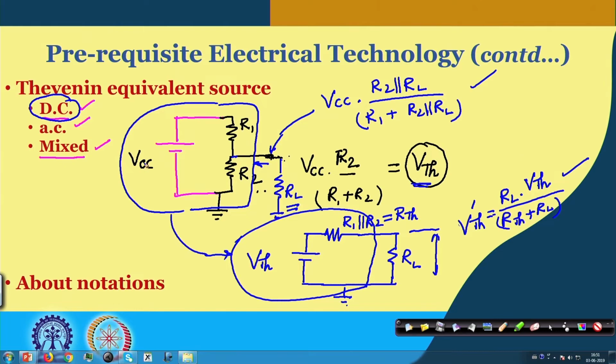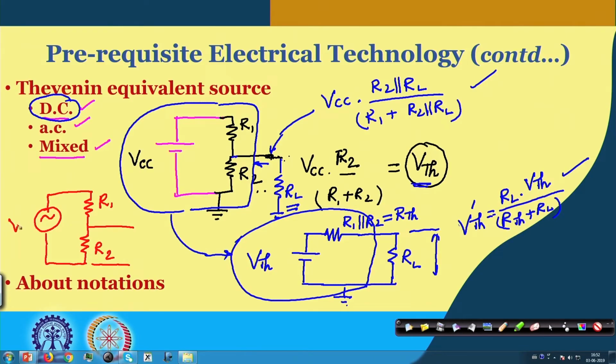In fact, it can be extended for signals also, namely instead of having a DC voltage here, suppose you have a signal source, and say this signal source is applied across R 1 and R 2, a similar situation, and then you would like to know what the voltage coming here may be.